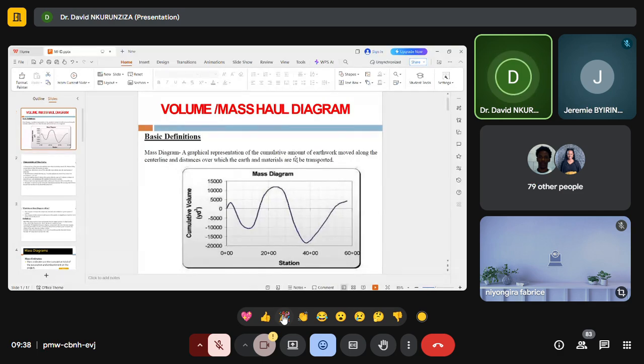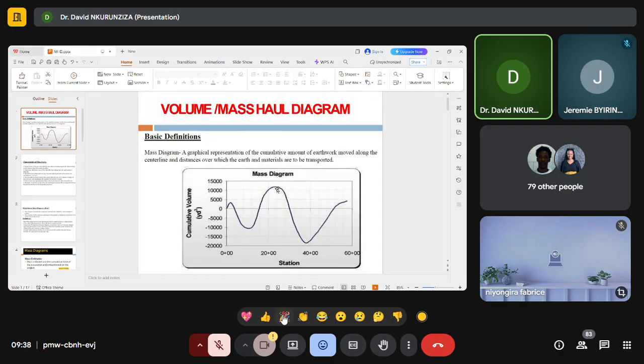For example, the lowest point, I think the lowest point here is this. Okay, this is the lowest point. This is the highest point on this curve.